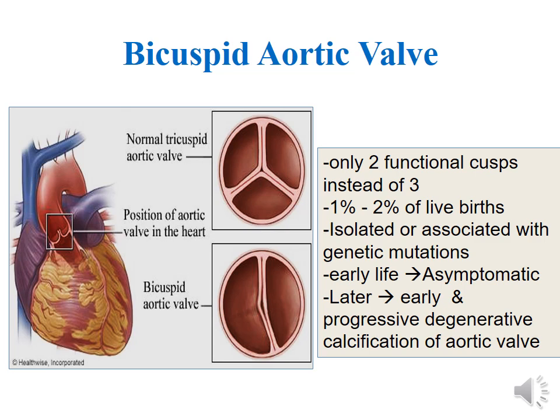During early life, this condition might be completely asymptomatic, but later on, at the age of 50, there will be some early and progressive degenerative calcification of the aortic valve. This degenerative calcification of the aortic valve and the associated fibrosis will lead to aortic stenosis.